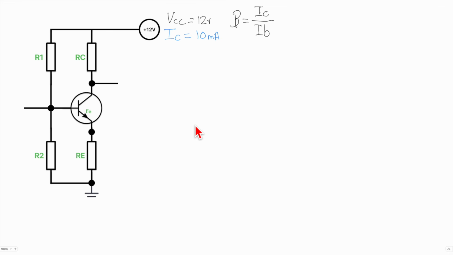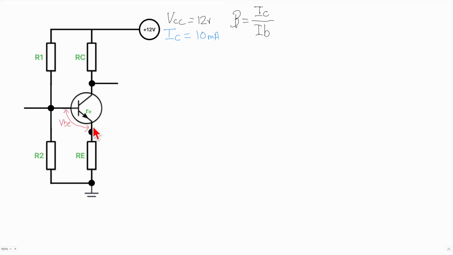Now, as I'm sure you're aware, this base emitter junction functions like a forward bias diode. And actually, there is, like a diode, a voltage drop across here, which is called VBE, which is the voltage between the base and the emitter.